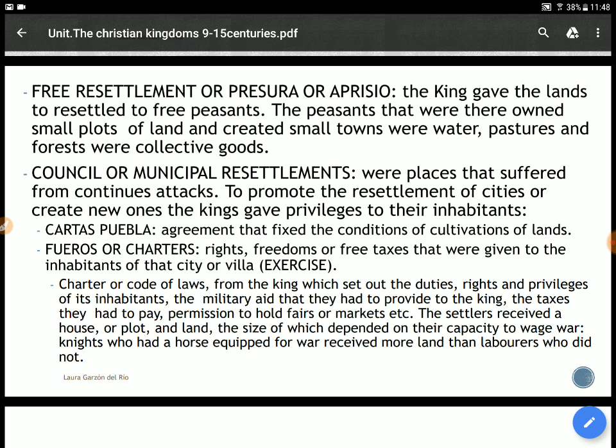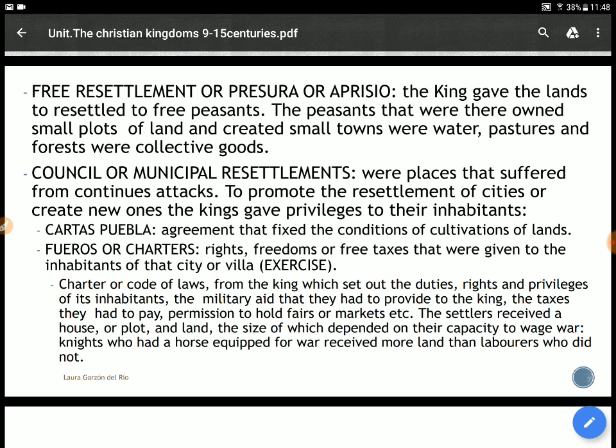The other option of resettlement is the council or municipal one. In places where they suffered continuous attacks, they created cities. They have the cartas pueblas, which were agreements that fixed the conditions of cultivation, and the fueros or charters, which are the rights, freedoms, or free taxes that were given to the inhabitants of that city or village.